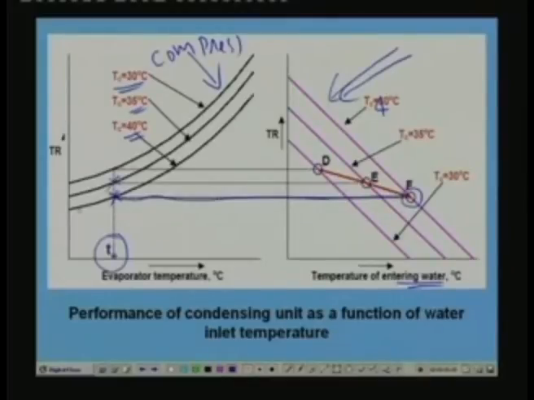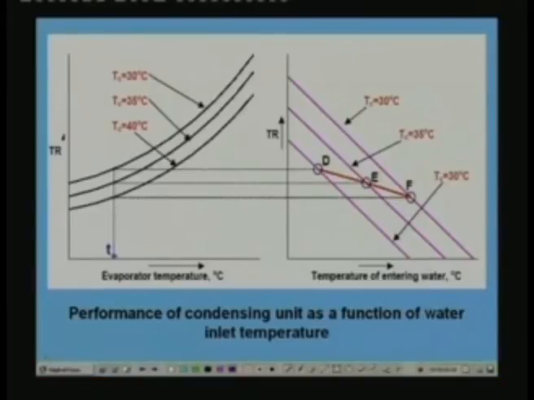Similarly, this point is for the 35 degree condenser temperature line, where if you draw a horizontal line where it intersects this 35 degree line, that will give you another balance point. Similarly, for 30 degree temperature line, you can draw a horizontal line, and at this point this line intersects the 30 degree condensing temperature line in terms of cooling water inlet temperatures.